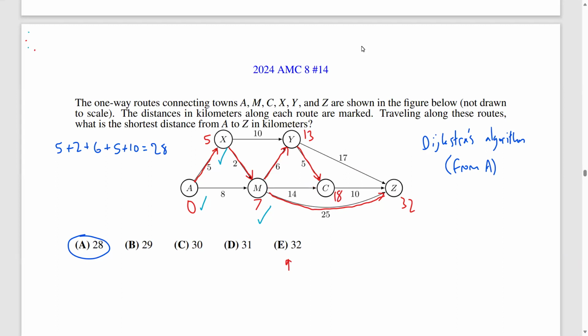If we take the path from Y to Z, then this gives us a path from A to Z of length 30. 30 is less than 32, so we update the estimate. So we have now visited vertex Y.